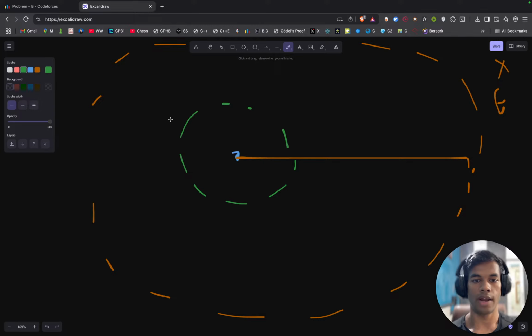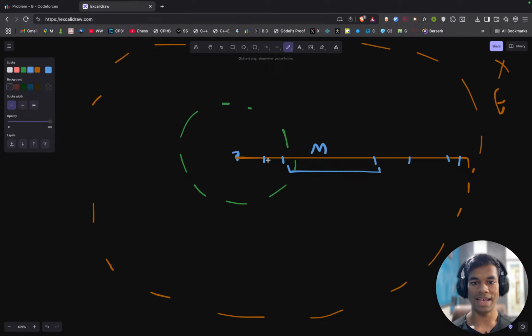When I was taking in the input, let's say this maximum distance consists of steps, right? And some steps will be smaller and some will be larger. Let's call the largest one M. This is the maximum length step that I can take.